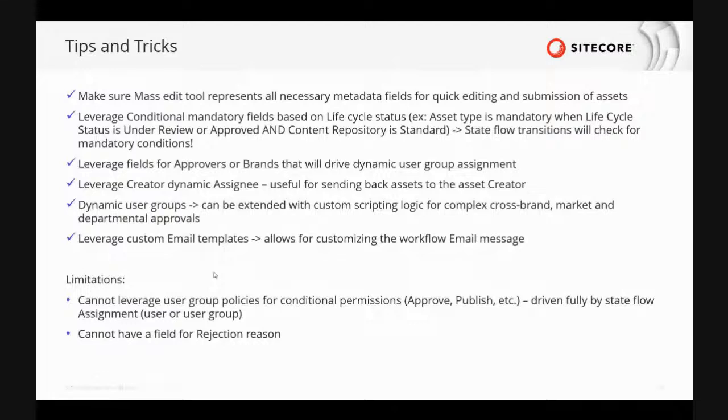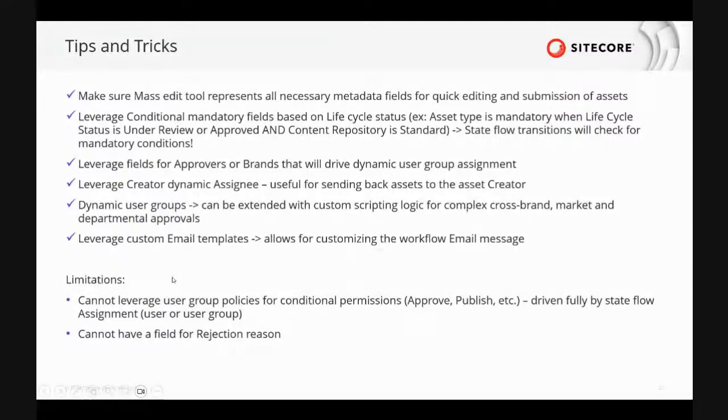Create a new email template and customize it to dynamically send specific email messages that tell the person directly in the email, this is the state, this is what you need to do, to allow for more ease of use for the workflow.